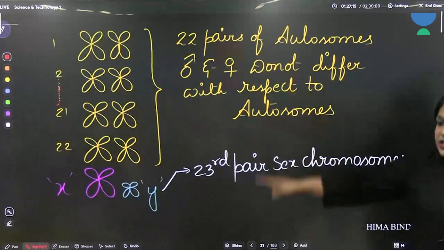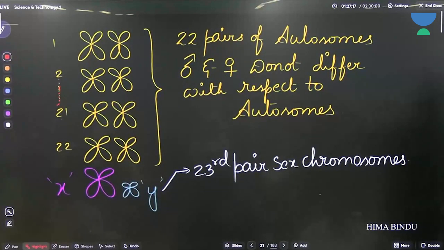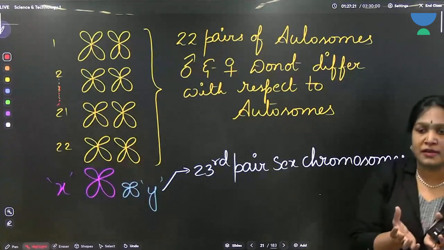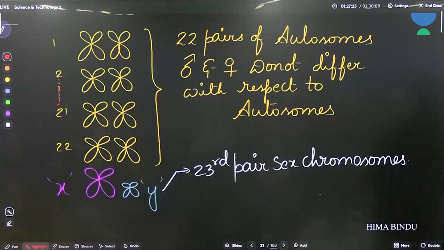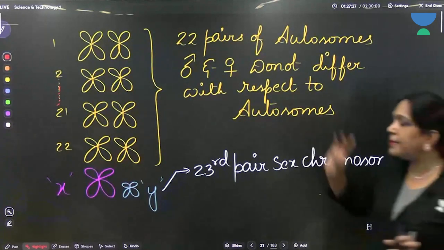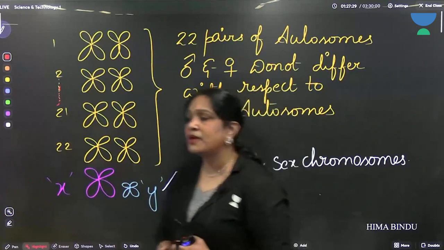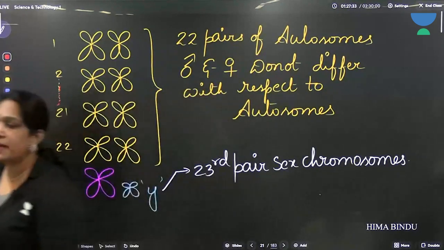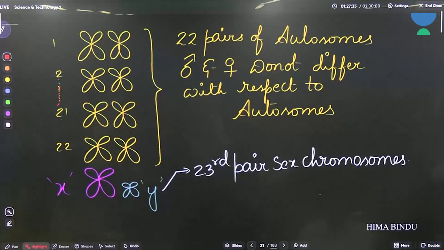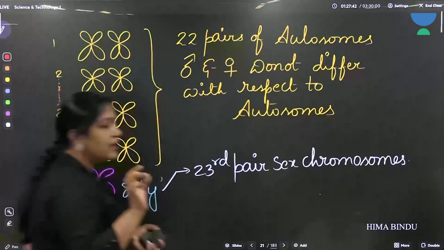And are they arranged in order, first chromosome, then second chromosome? No. The nucleus is spherical, and in the nucleus all these chromosomes are jumbled up. But we identify them because of their size. On what basis is the numbering given? The first chromosome is the largest, and the 22nd chromosome is the smallest.